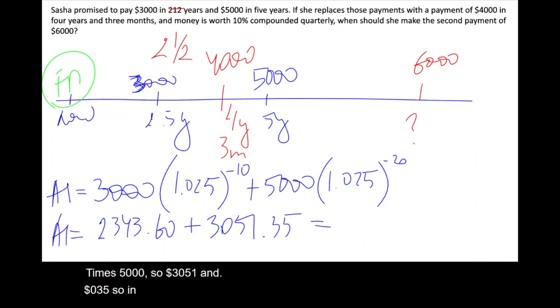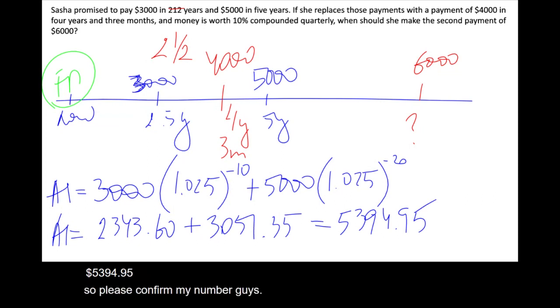So in total we have $5,394.95. So please confirm my number, guys. Yes or no?